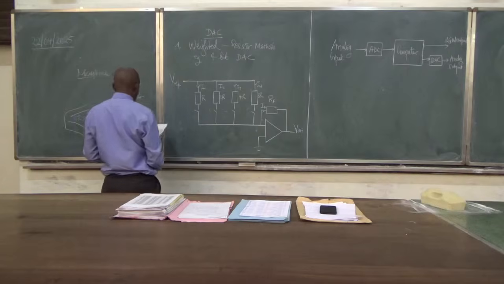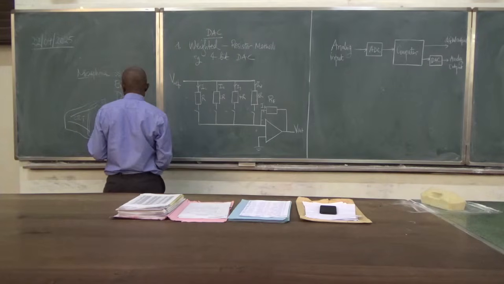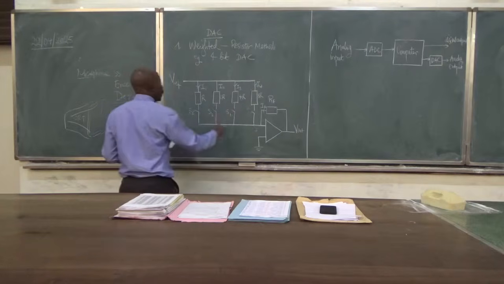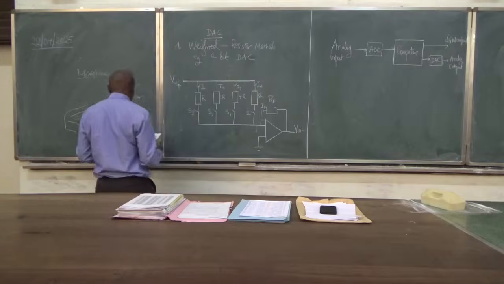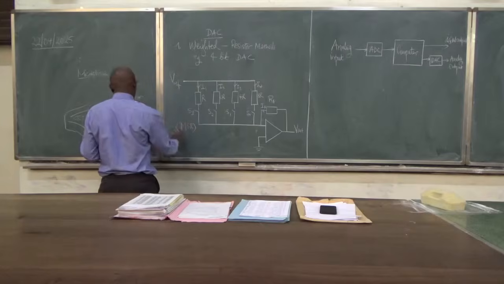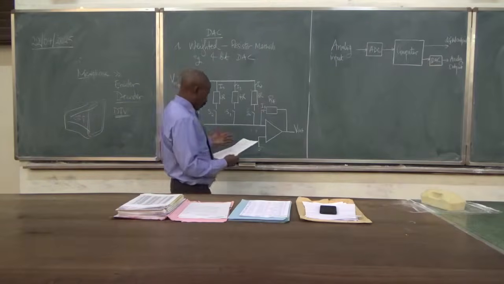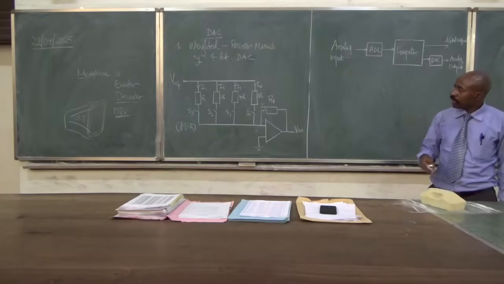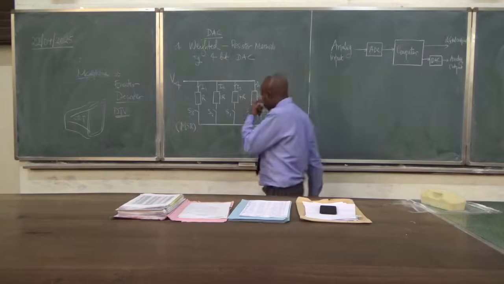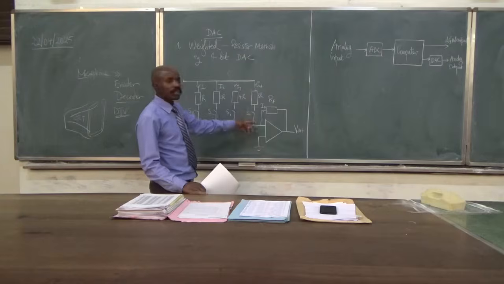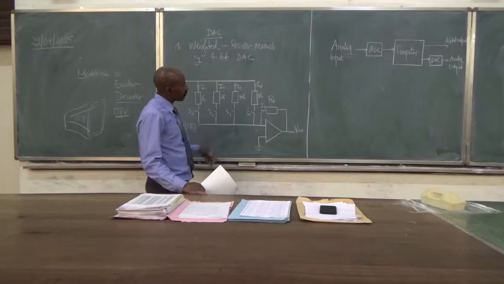Then we have the switches S3, S2, S1, S0, with S3 being the most significant bit and this way becoming the least significant bit. How does it work? One switch gives one bit, two give 2 bits, then 3 bits, 4 bits.